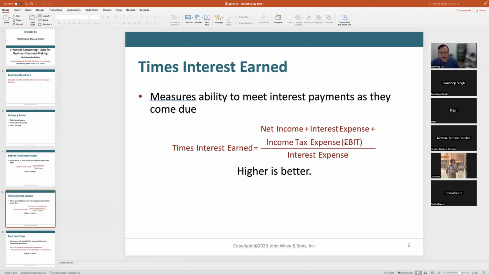EBIT: E is earnings, B is before, I is interest, and T is tax. So the earnings before you deduct interest expense and income tax expense is the numerator, divided by interest expense, the denominator. The higher this number, the better. Higher means your income is stronger, and it's easier for you to cover your interest expense.